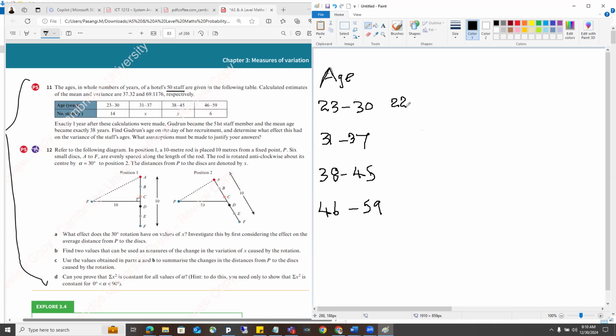Here it would be 22.5 to 30.5. Then 30.5 to 37.5. Then 37.5 to 45.5, and then 45.5 to 59.5. Anyway, the middle value, we have to add these two together and divide by 2.